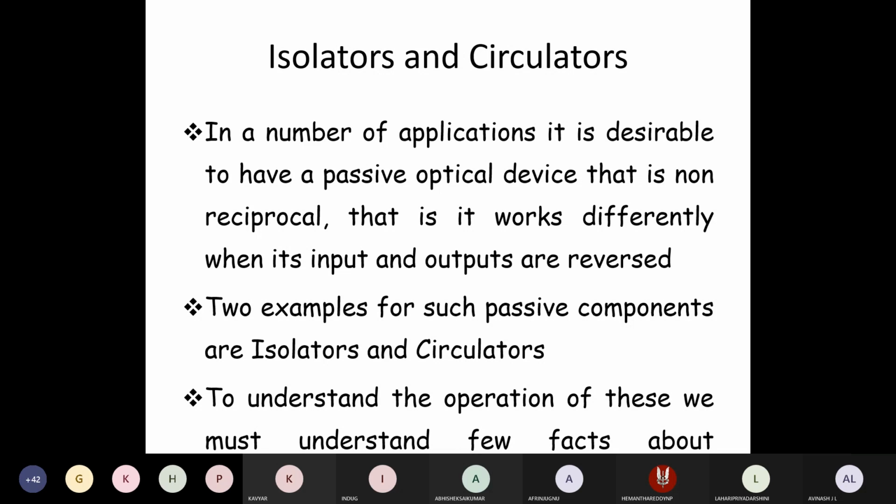Once divided, those waves will follow different paths in the fiber material. That is the birefringent plate functionality.